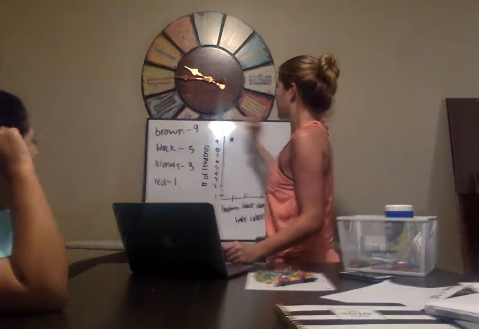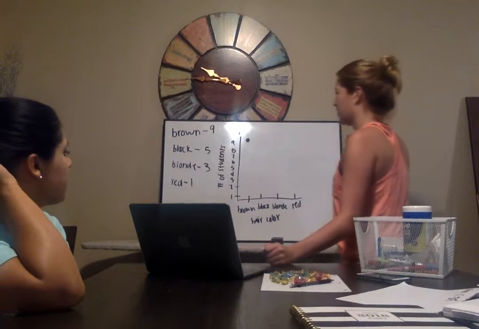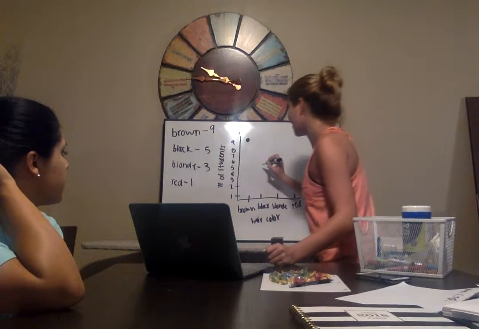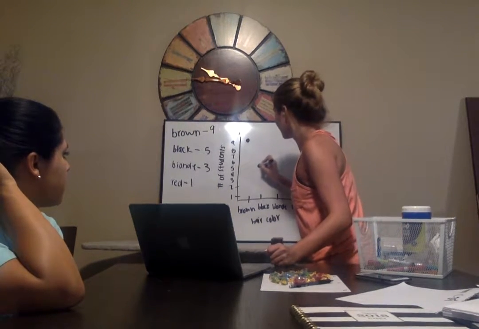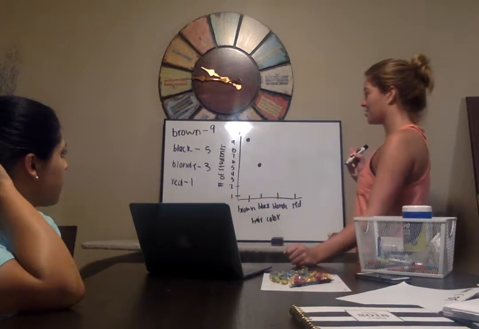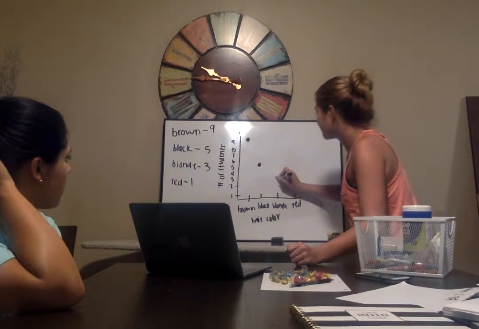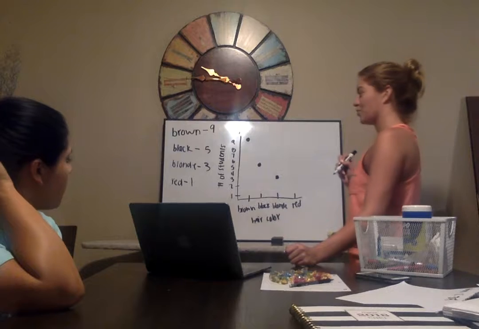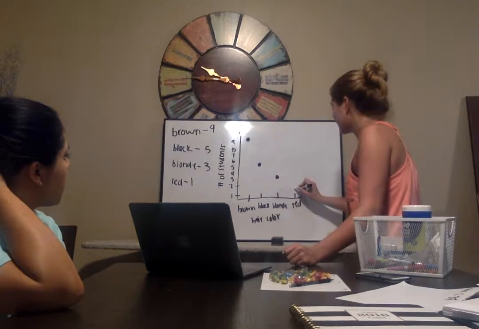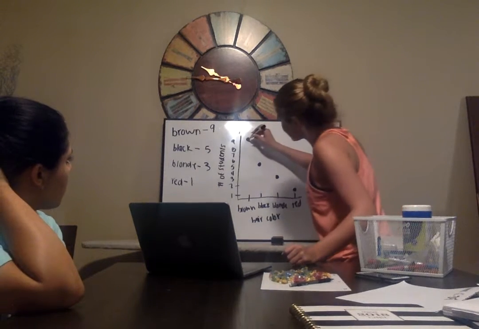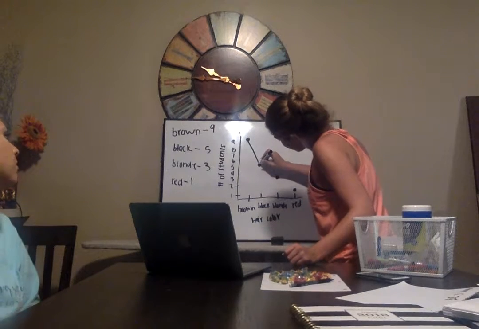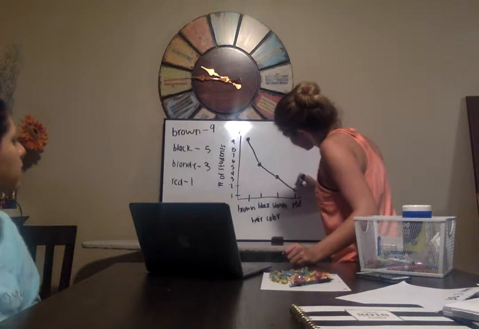So 9 students had brown hair, 5 students had black hair, and 3 students had blonde hair, and 1 student had red hair. And then I'm just going to connect the dots.